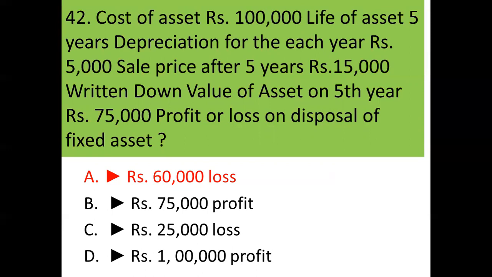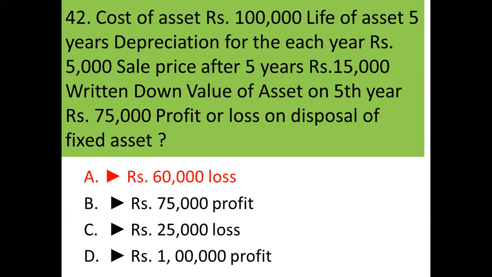As we know, we have to know how to calculate the disposal account. On the debit side, we have to insert the balance of the cost of the asset, which is 100,000, and on the credit side we have the depreciation.